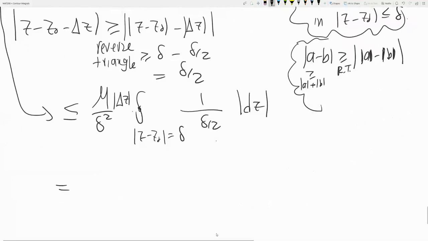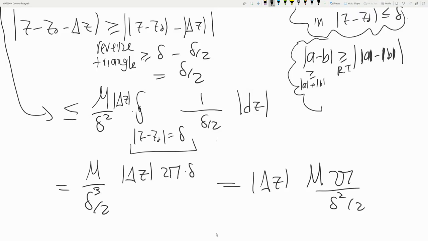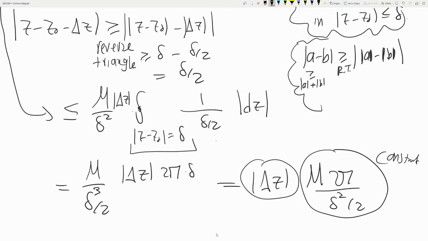So we have M delta cubed over 2 times delta z times whatever this is. This is the length of the circle, so 2 pi delta. So all in all we have delta z times M 2 pi delta squared over 2. This is a constant, and this guy goes to 0.